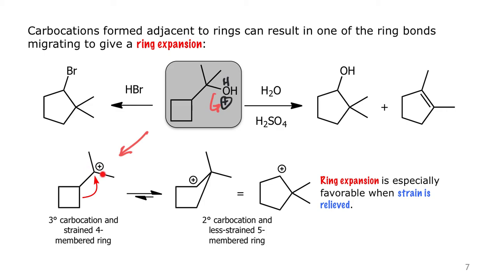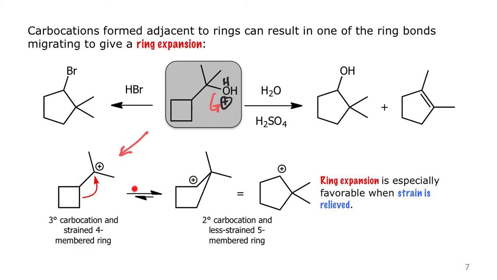It's a tertiary carbocation, but this adjacent ring is a strained ring. That's a 4-membered ring. Remember, 4- and 3-membered rings in particular are quite strained. And if orbital alignment allows, and it can happen here, then one of these carbon-carbon sigma bonds can migrate over to that carbocation. That would leave this position as the positive charge.